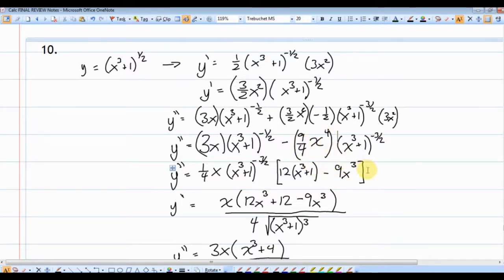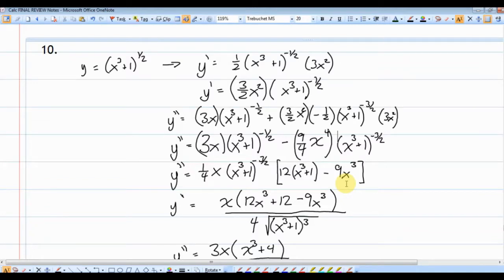And then the x, of course, instead of x to the 4th, it's decremented to x cubed. And the junk is factored out. Questions on that?